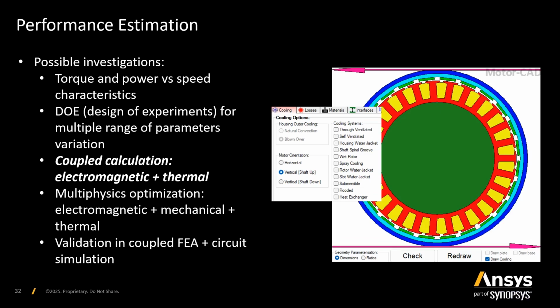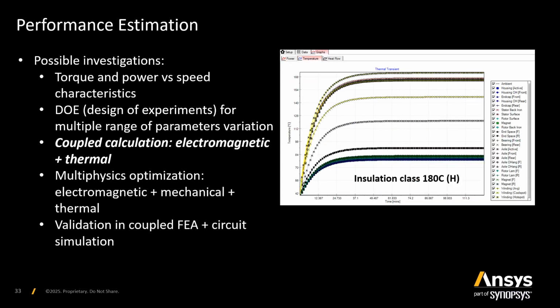So with all this in mind and using the MotorCAD thermal module, here we can look at the transient response of this machine. We notice that it's reaching steady state just before the hour. So for continuous operation of less than 1 hour, it's reaching a maximum temperature just above 170 degrees Celsius.